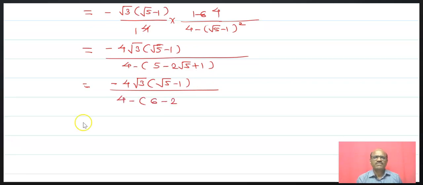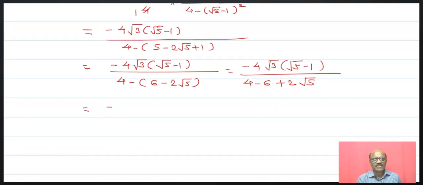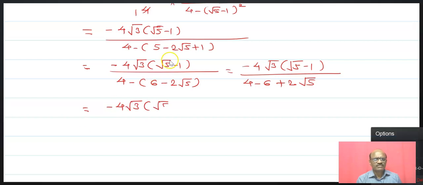That is 5 plus 1. This is 6 minus 2 root 5, and that is equal to minus 4 root 3 in bracket root of 5 minus 1 upon 4 minus 6 plus 2 root 5. This is very simple simplification.